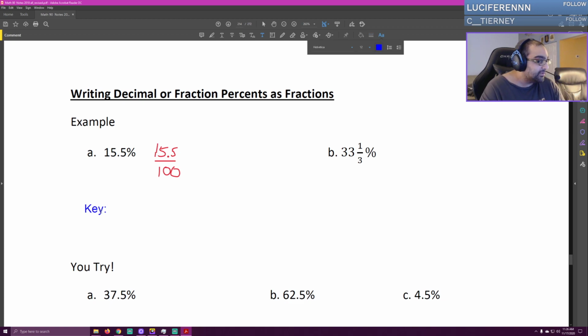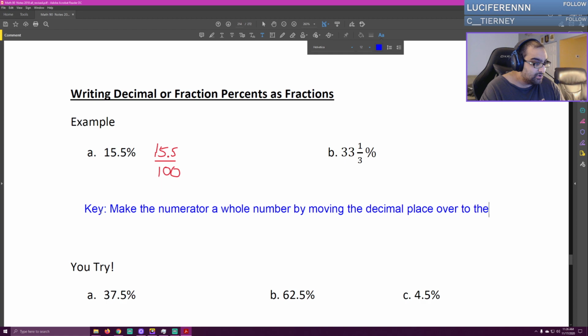Key. What we're going to do is make the numerator a whole number by moving the decimal place over to the right until it is a whole number.